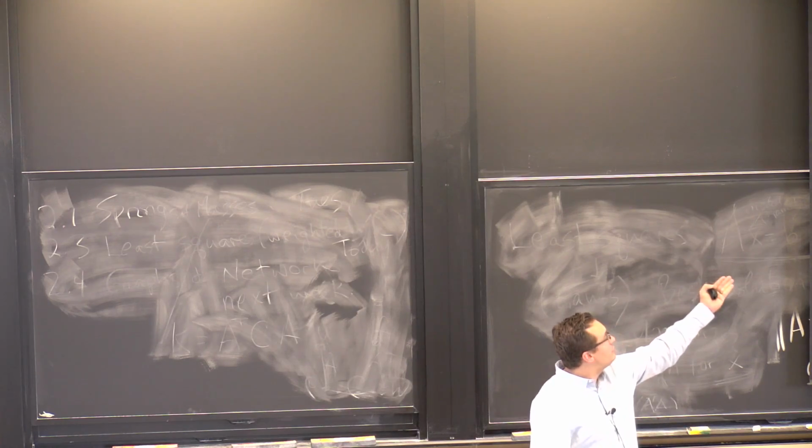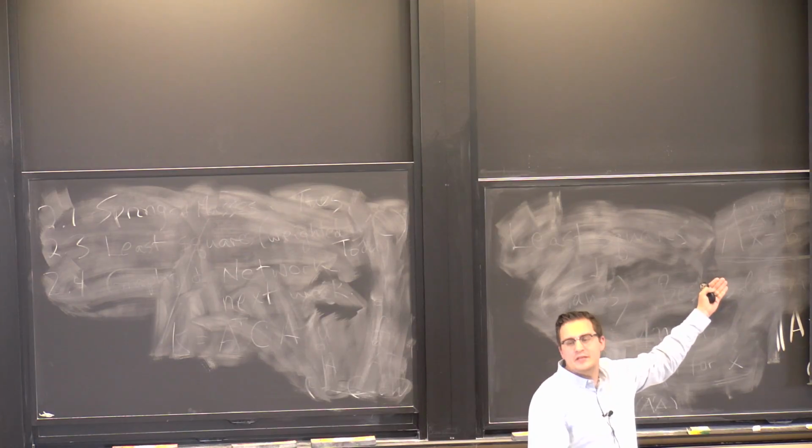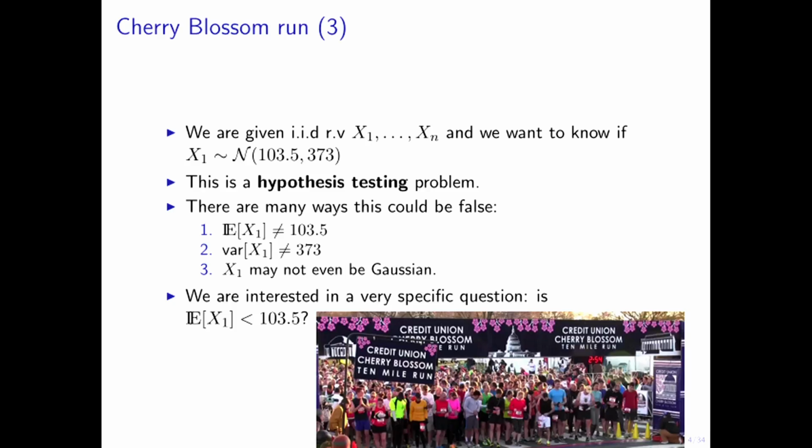And if you're asking if this was the same as before, there are basically three ways it could not be the same as before. It could be the case that the expectation of X1 is not equal to 103.5, so the expectation has changed, or the variance has changed, or the distribution has changed.